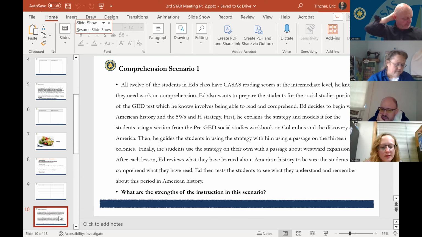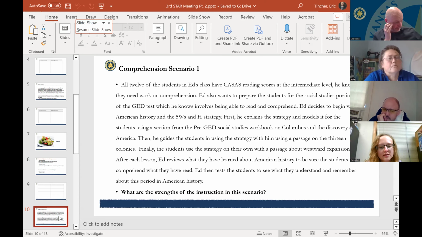Ed decides to begin with American history and the 5 W's and H strategy. First, he explains the strategy and models it for the students using a section from the pre-GED Social Studies workbook on Columbus and the discovery of America.